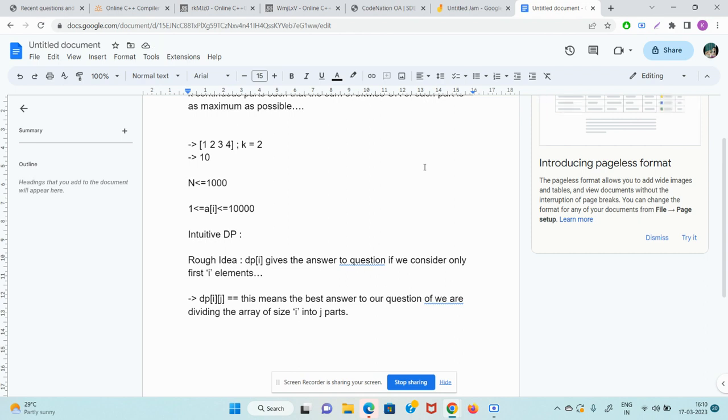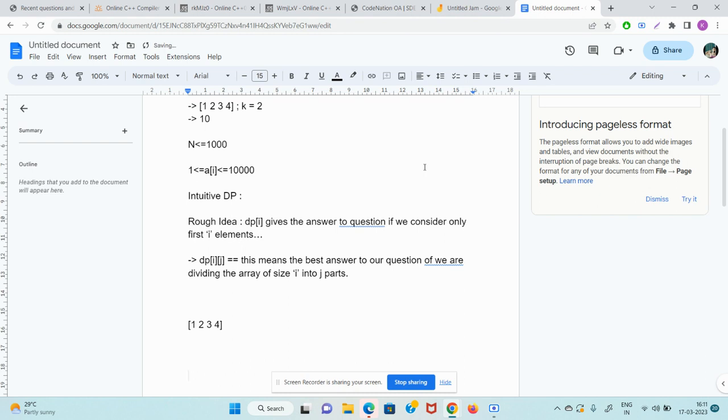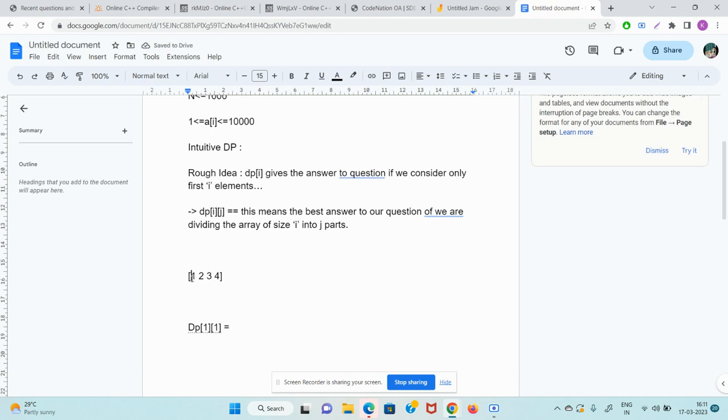Now let's try to calculate what the dp values in our array should be. Let's say I had 1 2 3 4. What would be the value of dp[1][1]? It means only considering the first element and dividing it into one part. There is nothing to do because there is only one element, so 1. What would be dp[2][1]?